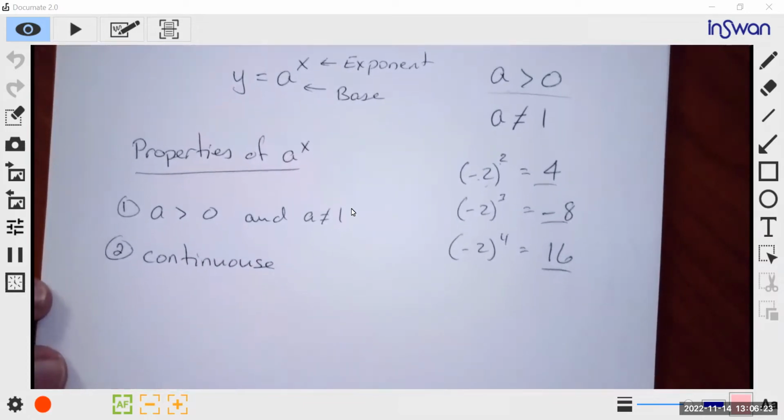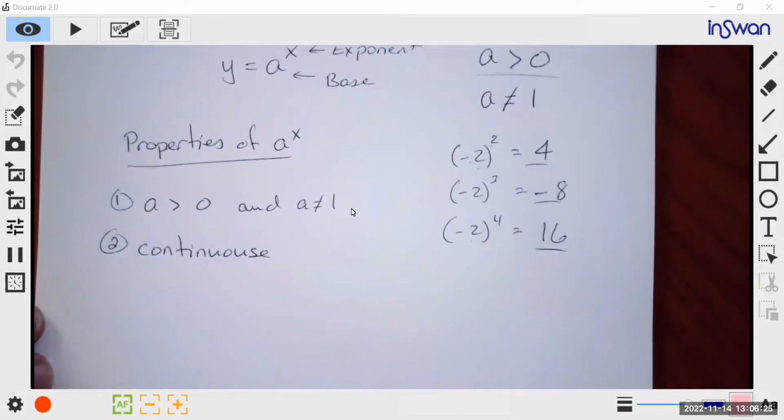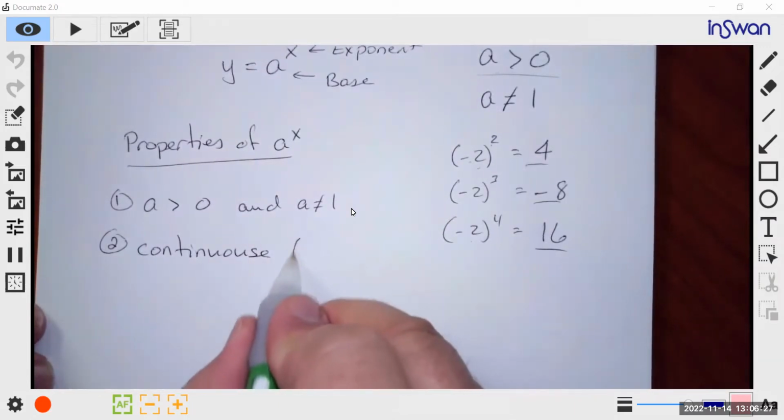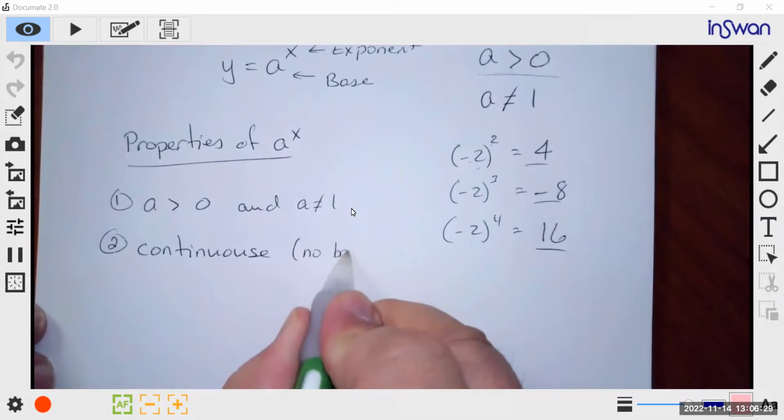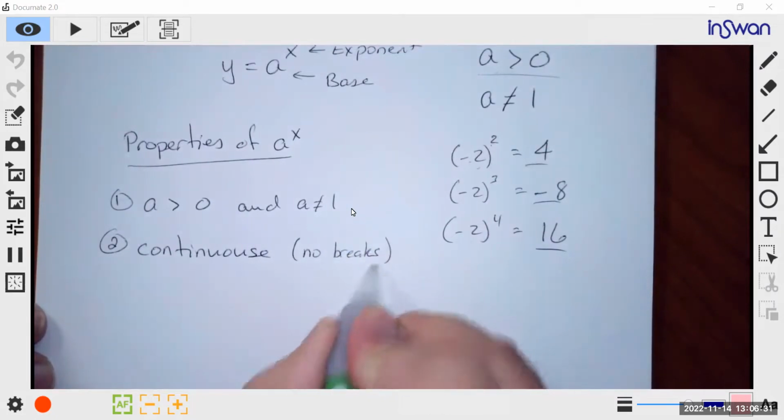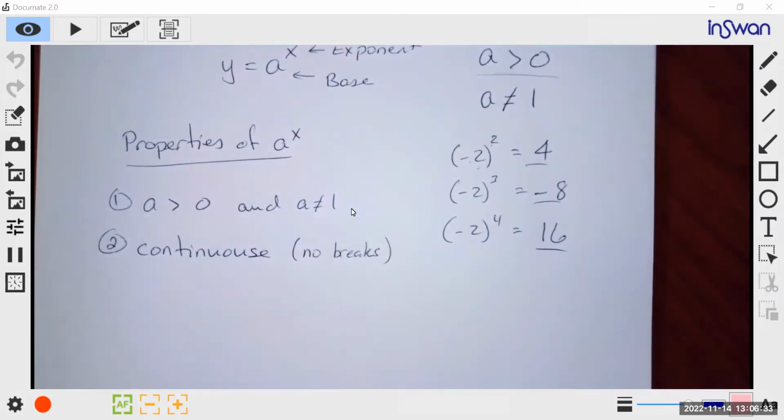It has to be continuous. What does that mean? Well, if you start at one end of it with your pen, you could draw the rest of the graph without ever lifting your pen. It cannot have any breaks to it.